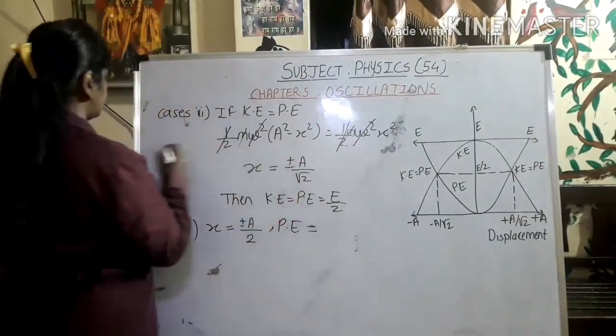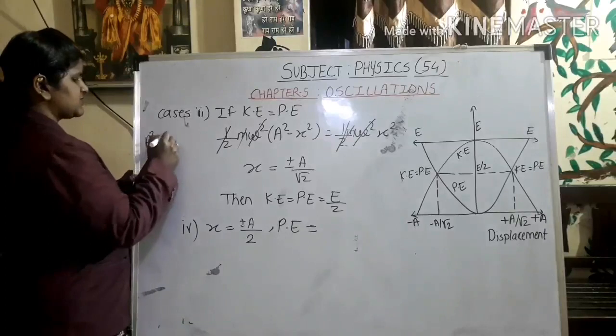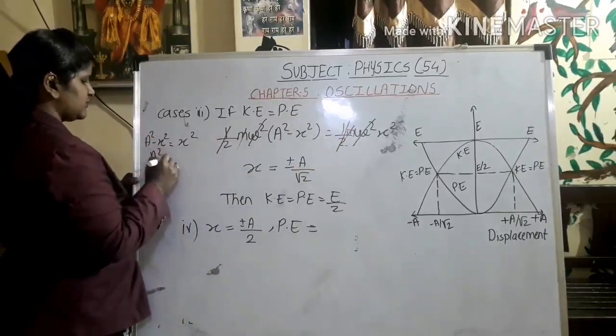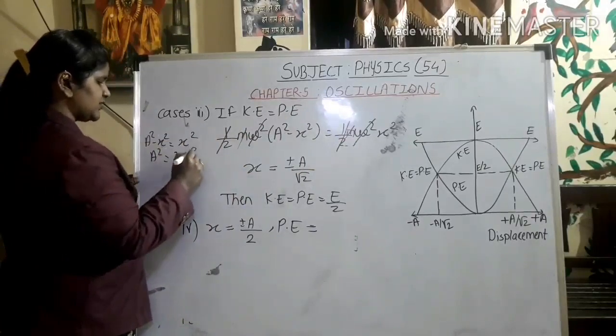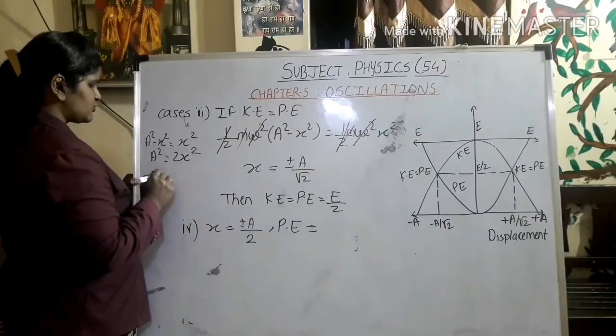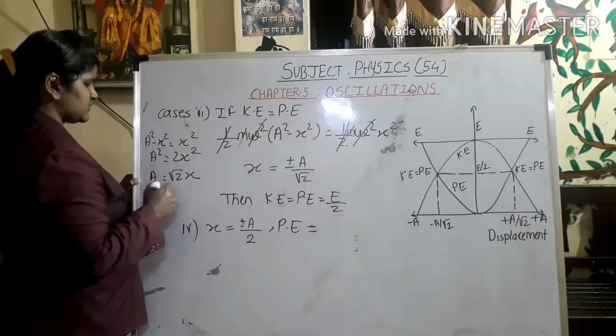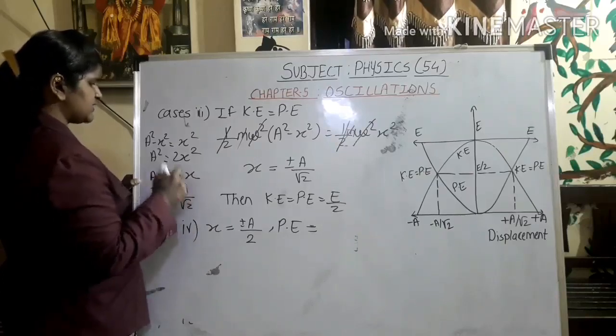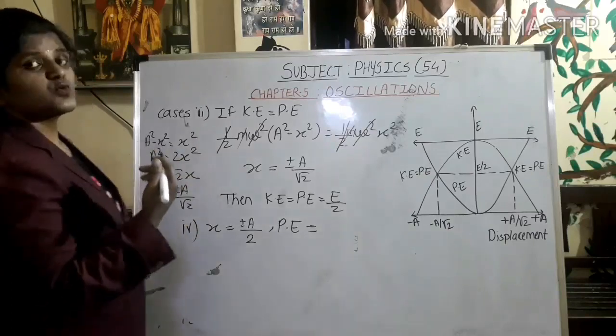How? I will just tell you how. a square minus x square is equal to x square. So a square becomes, this x square will go to the other side, so a is nothing but root 2 x. So I will get x as a divided by root 2. Plus minus has to be there because I have taken the square root.